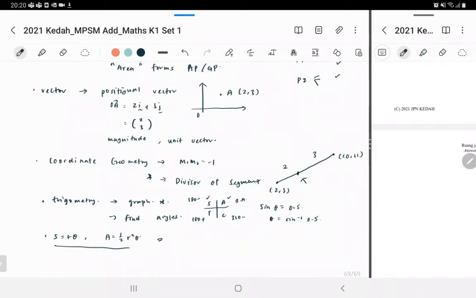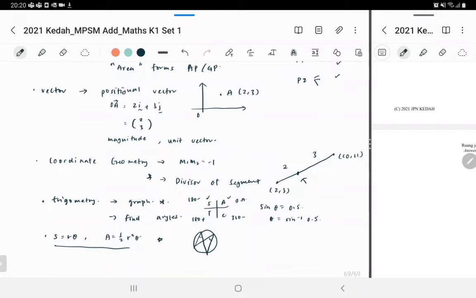This is quite a simple topic, but sometimes the question can be quite complicated. It might be about the circle theorem also, like the angle. So it can be a combination of a few topics. Make sure you know how to do it.